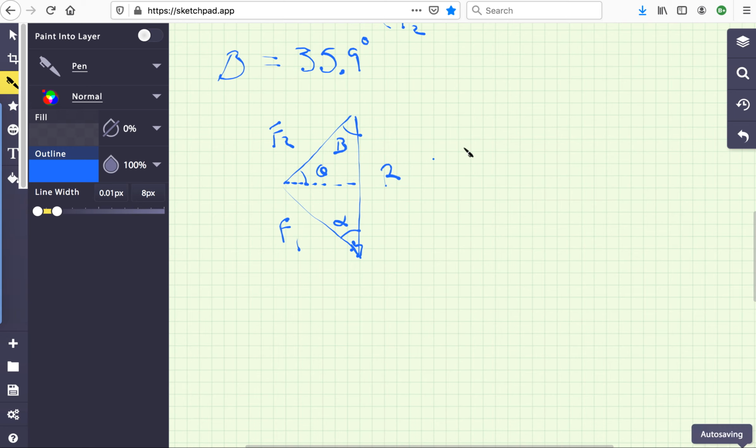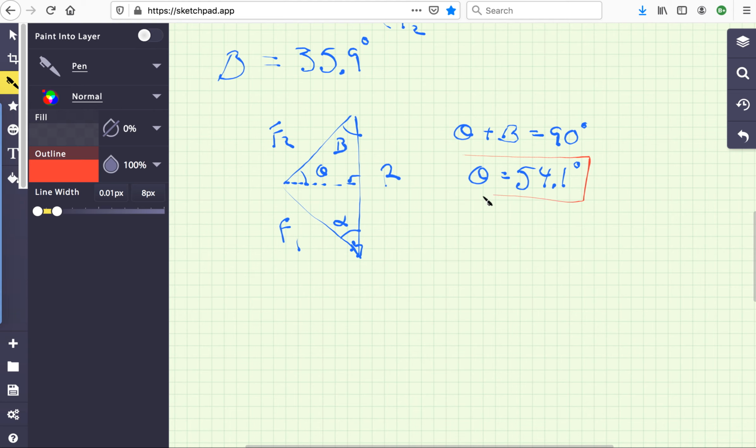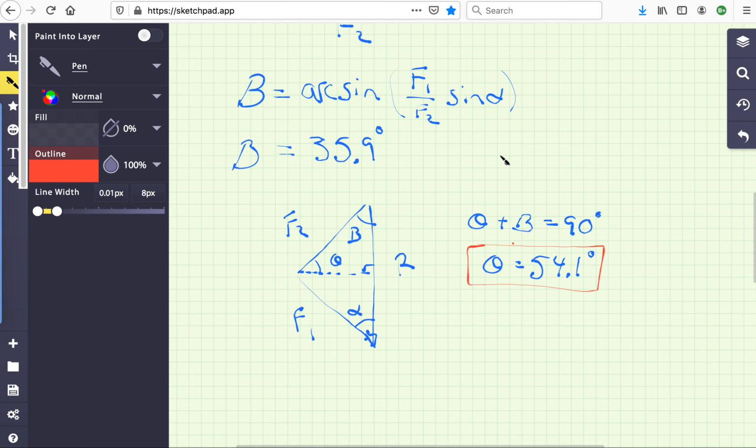We also know that theta plus beta must equal 90 degrees, because this is a 90-degree angle. We can say that theta then is equal to 54.1 degrees. And that's how we can use the law of sines in our statics problem to use vectors to figure out some of the angles.